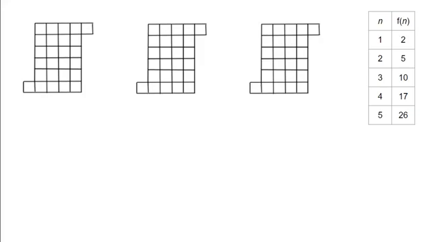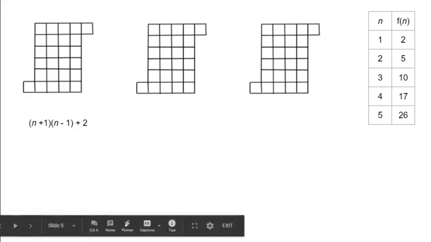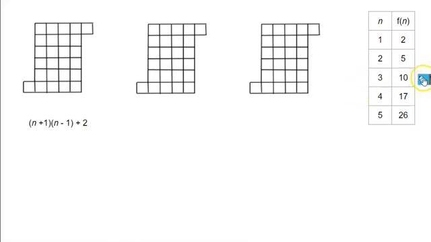And the first one looks like this. We know that this is the 5th step in our sequence. So we're saying n is 5.